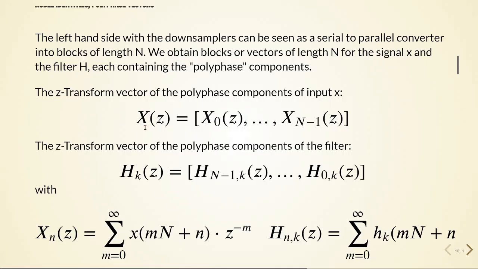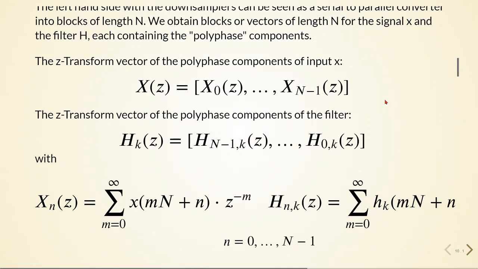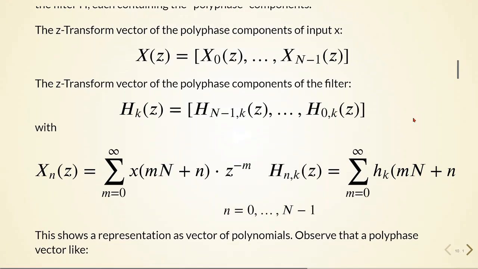So now we are in the Z domain and we have polyphase components of input X. And the Z-transform vector of the polyphase components of the filter is given here. So here, H_k of z, we're in the Z domain, and we have polyphase components of the filter. And we know that x_n, with n from 0 to N minus 1, is given by this formula here, and h_n of k is given by this equation here.